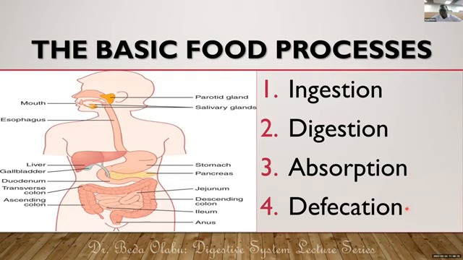Lastly, we have the process of defecation, which is the process of releasing or evacuating the remnants of what you've taken in. It's the mechanism that the body uses to release the remnants. So these are the basic processes that food undergoes.